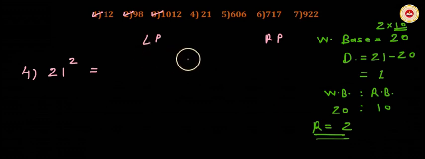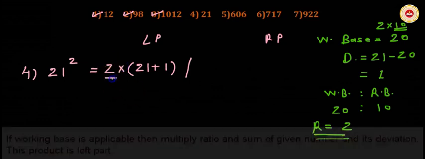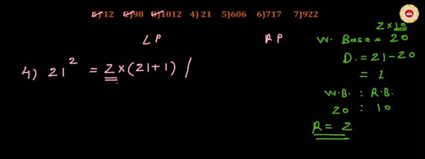Now let us calculate the left part and right part. What is the left part? Addition of the given number and its deviation. The given number is 21, the deviation is 1. But in this example, the working base is applicable, so multiply this sum by the ratio 2. Whenever the working base is applicable, always multiply the left part by the ratio of working base to real base.